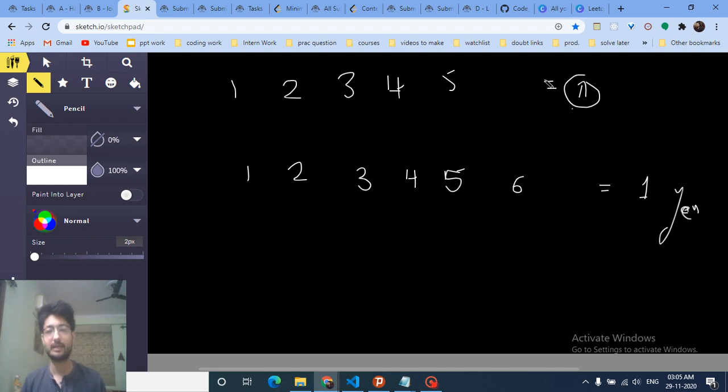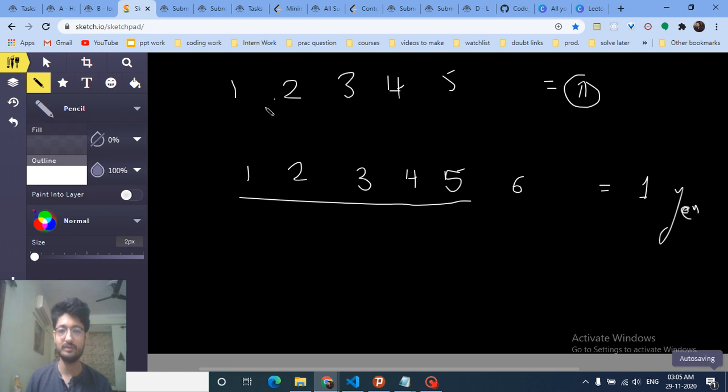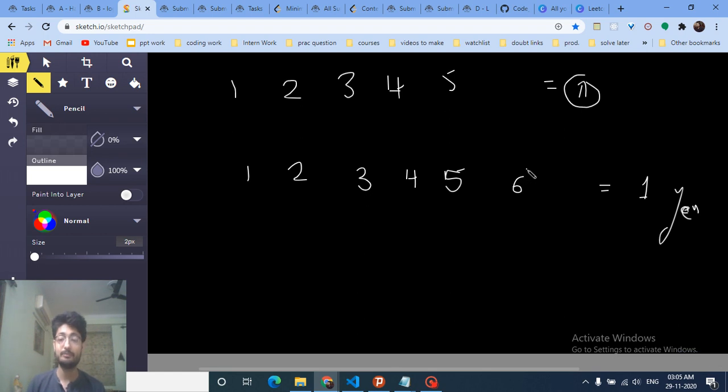See, if I finally want all these logs of length 1, 2, 3, 4, 5, I can either buy 5 logs from the shop, 1, 2, 3, 4, 5, and this task can be done. No problem, I will require 5 yen. But the alternative is, if I buy the log of length 6, then I can cut it into a part of 1, then 2 and 3.